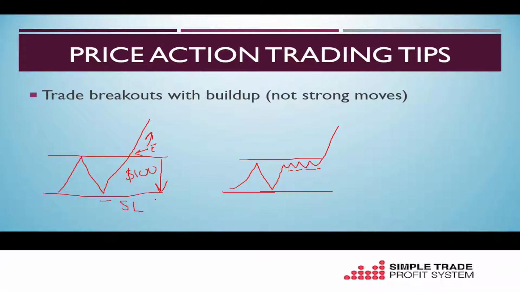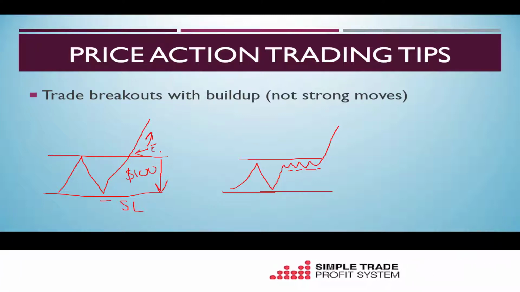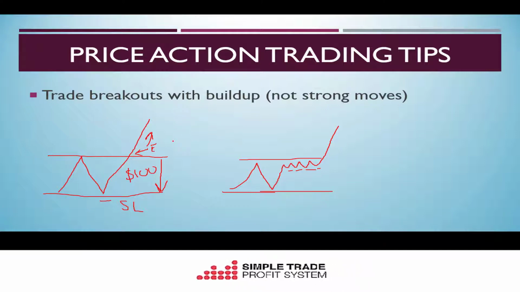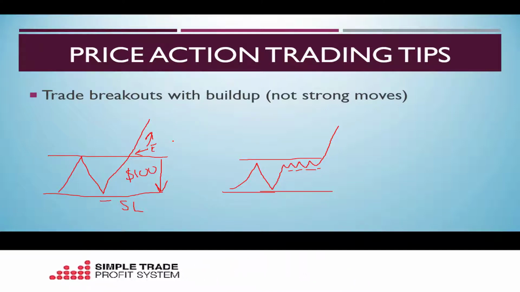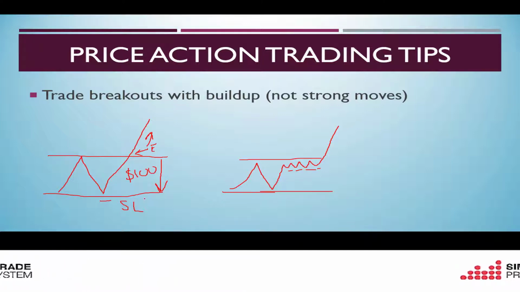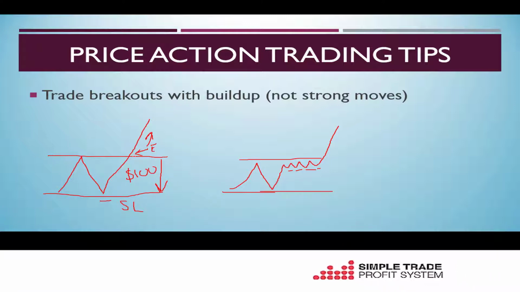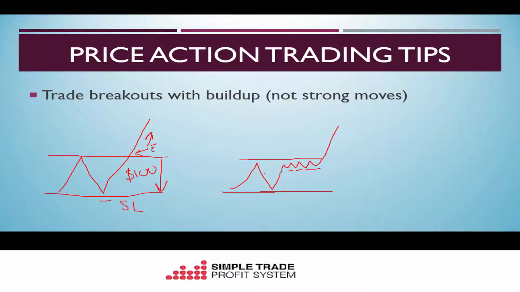You have a stop loss that's $100 away. You need price to move up $100 for it to even be a 1-to-1 trade ratio. So the risk to reward is just not in your favor whenever you have a strong move into the market structure.